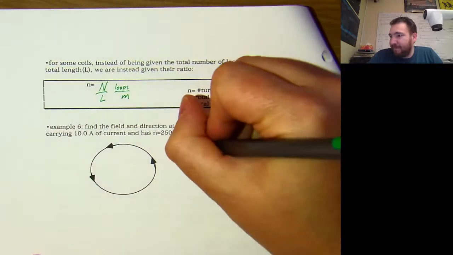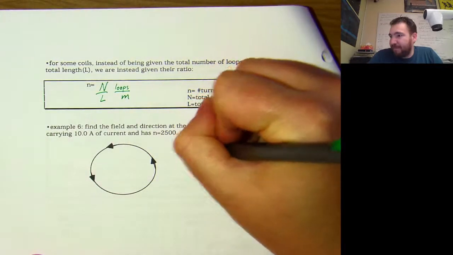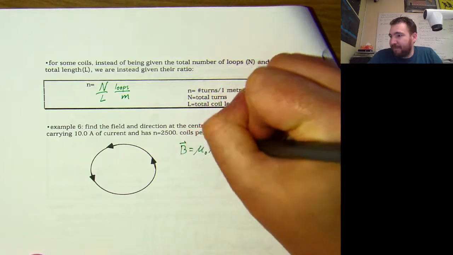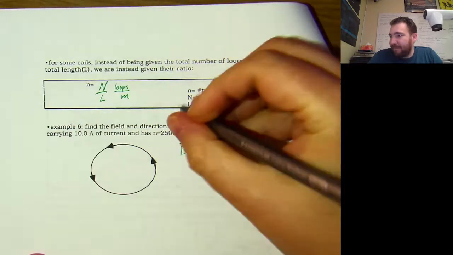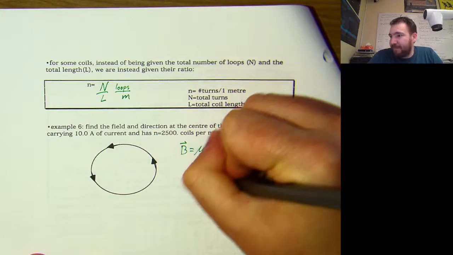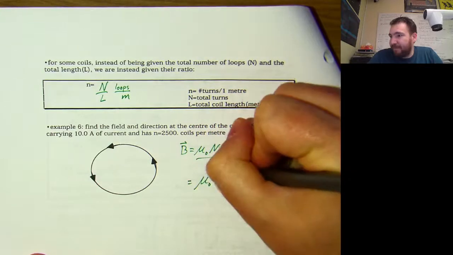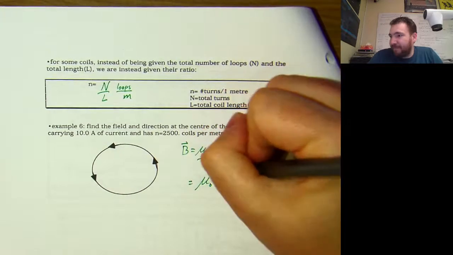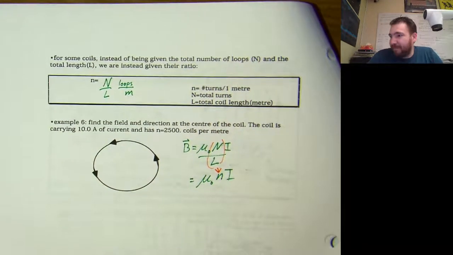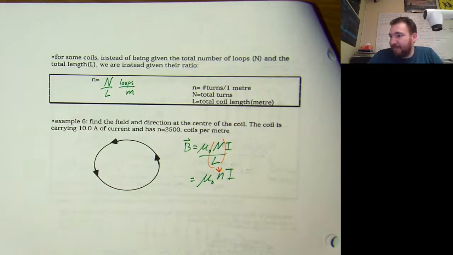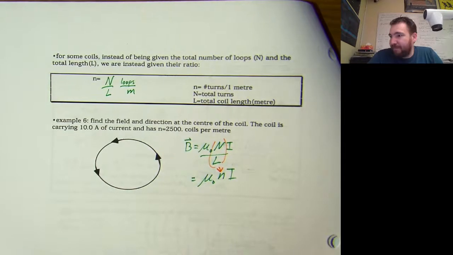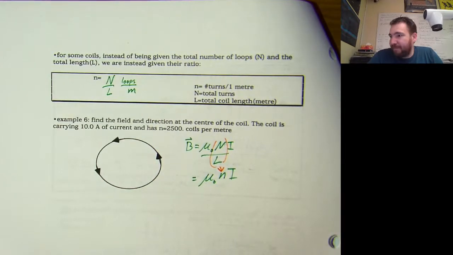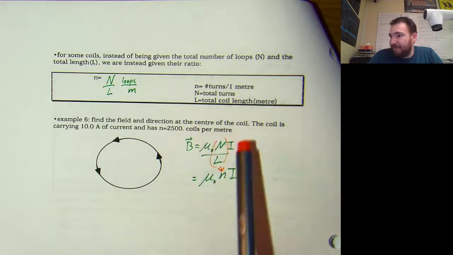So B equals mu naught N i over L is going to become mu naught little n times I, where the N over L piece is going to become little n. And so that's why I wanted to call it a coil density earlier, because sometimes they just give you the coil density, the coils per meter.